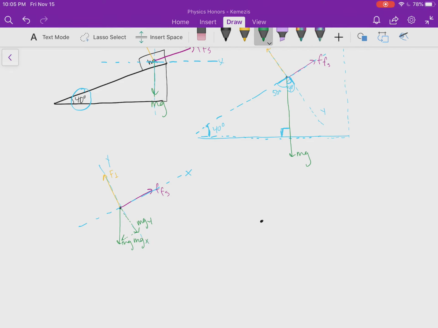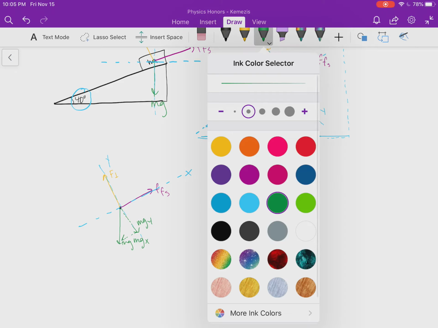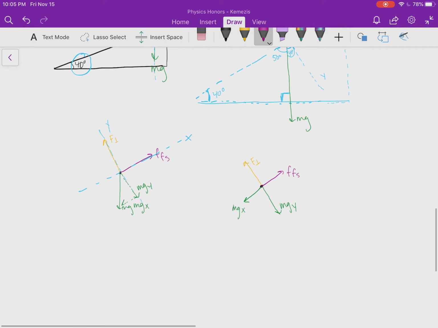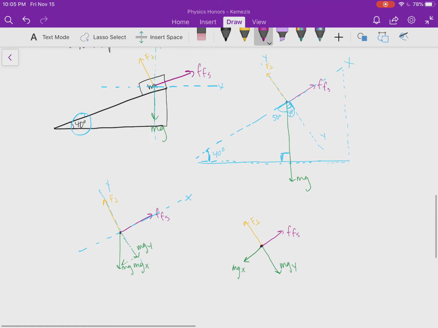So if we redraw this free body diagram, what we have is mgy going this way, F normal going that way, mgx is going that way, and the force of friction is going this way. Okay, so that's what our free body diagram would look like.